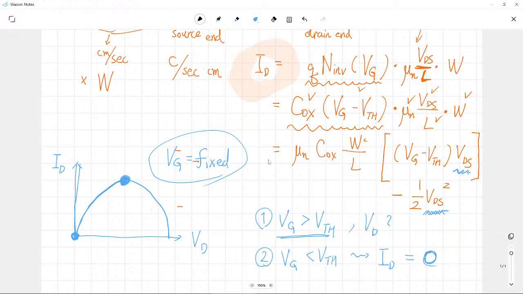Yes, there will be a certain peak point, and this peak point occurs when your Vd is equal to what? Vg minus Vth. So how can you verify it? Just take the derivative of your ID with respect to Vds, then you will have a certain condition to have the maximum value.